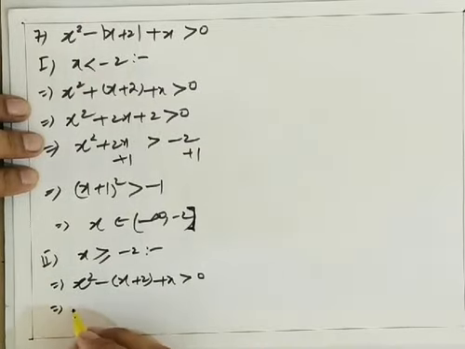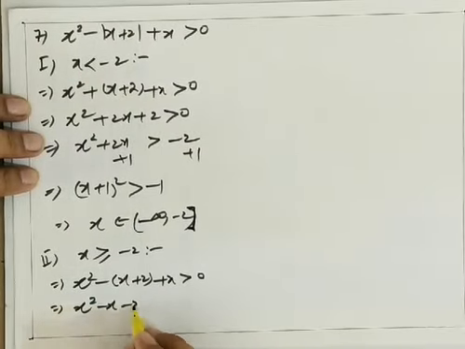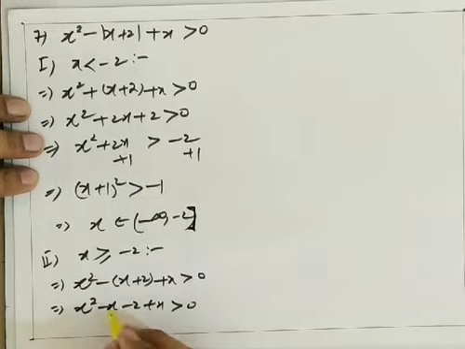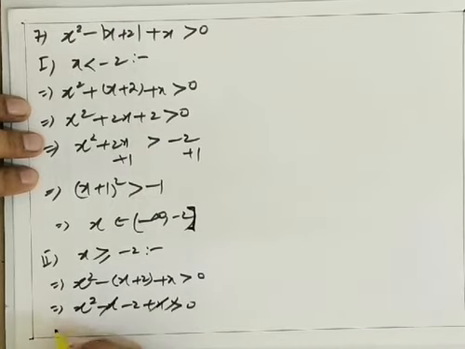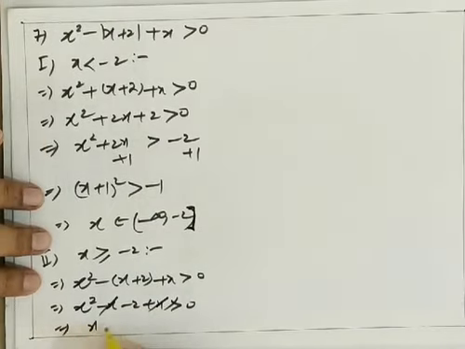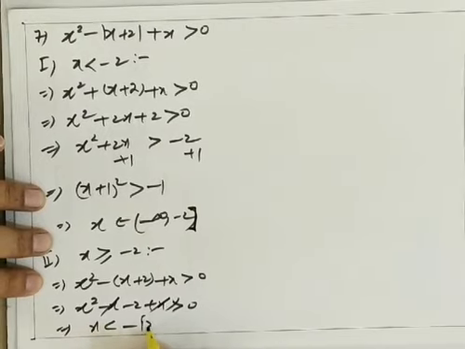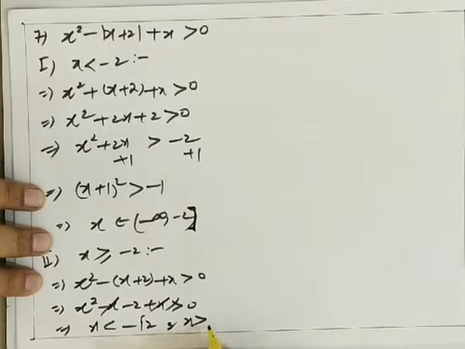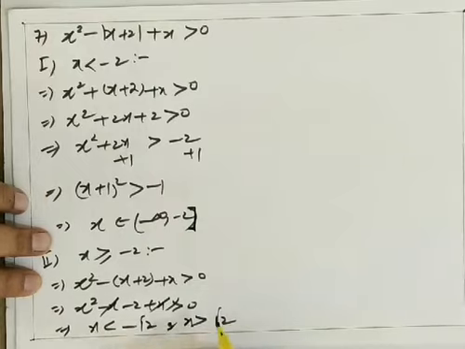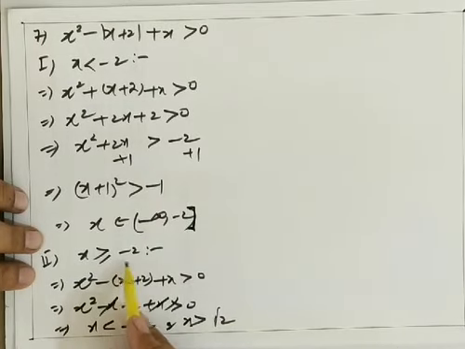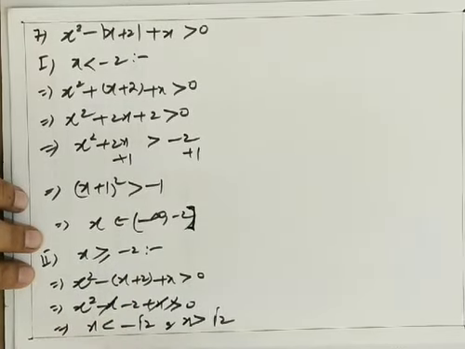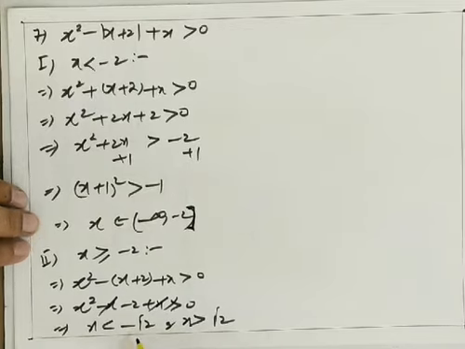So this will be x square - x - 2 + x should be greater than 0. This is cancelled. So I will get x should be less than -root 2, or x should be greater than root 2. So here the interval was greater than or equal to -2, and we are getting this thing.